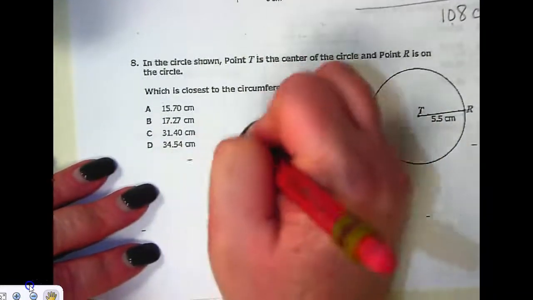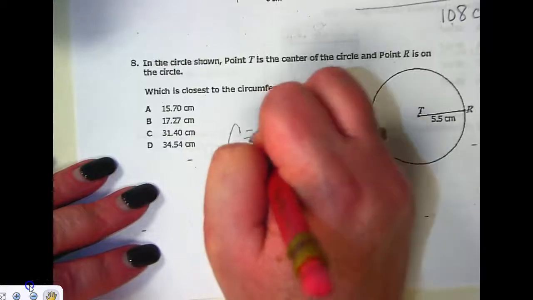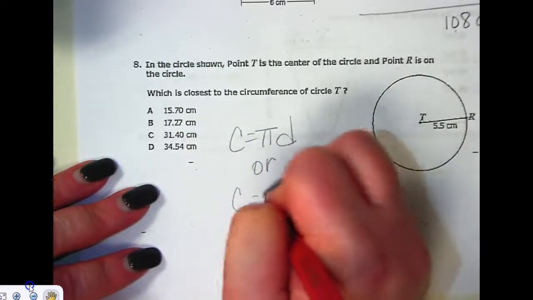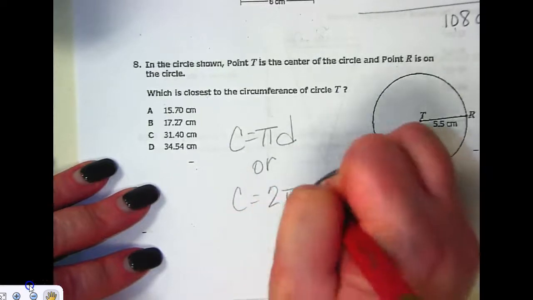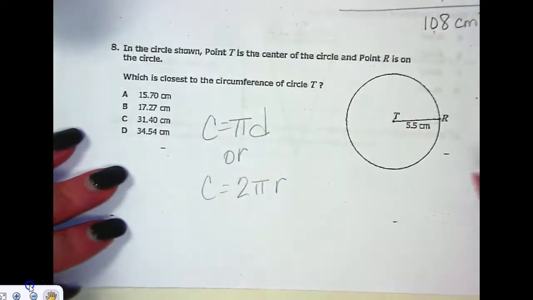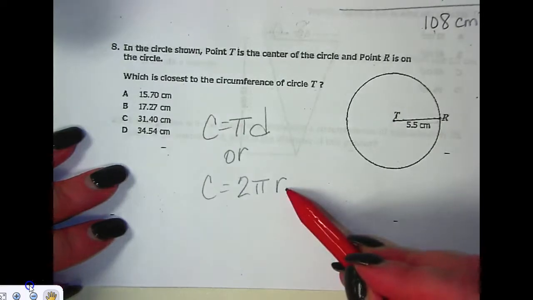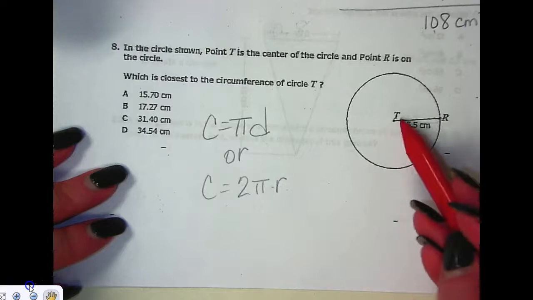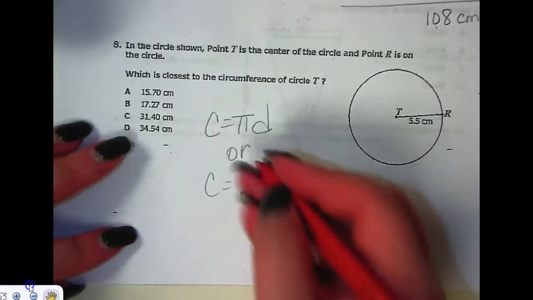So circumference, we have 2 formulas. Circumference equals pi times the diameter, or circumference equals 2 pi r, which are the same things, right? 2 times the radius is the diameter. So let's use this formula since they give us the radius.